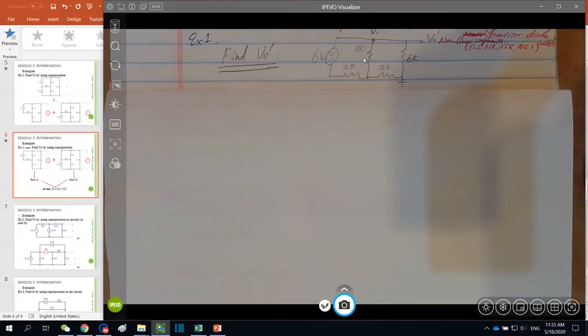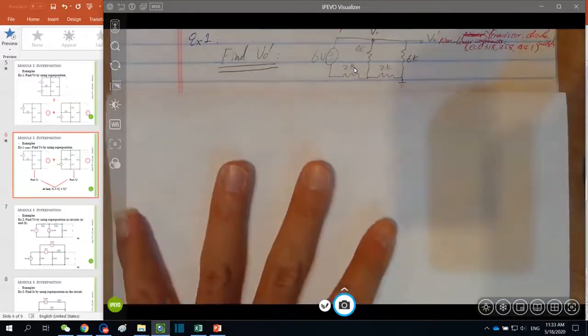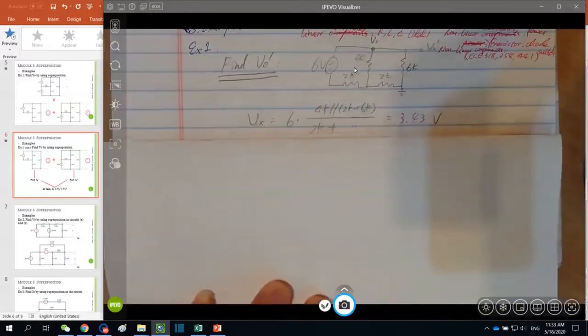And then this entire parallel is in series with this 2 kilo ohm. In other words, this total parallel is sharing the 6 volts total voltage with this 2 kilo ohm connected in series with it. With this understanding, the first voltage divider we apply is like this.